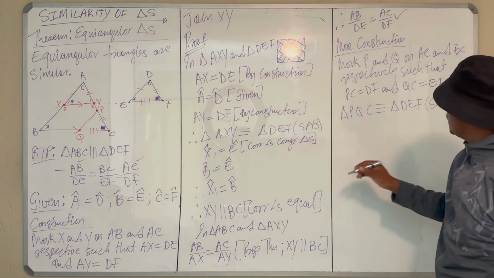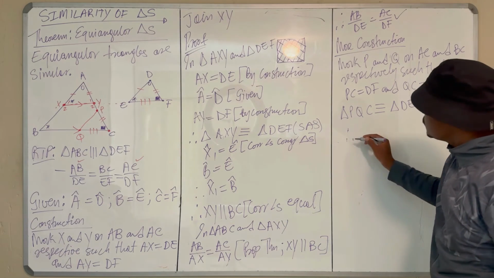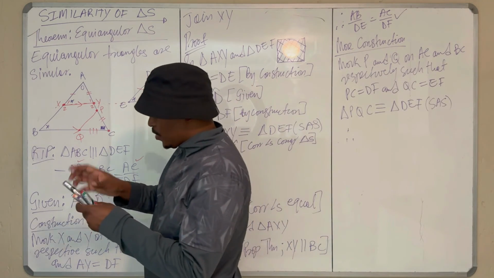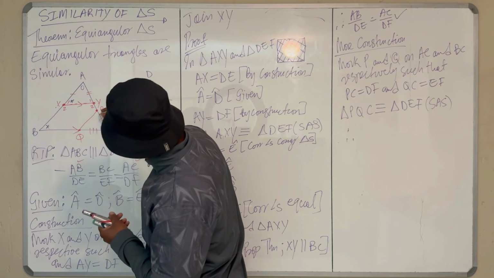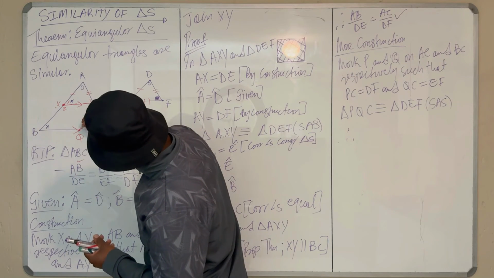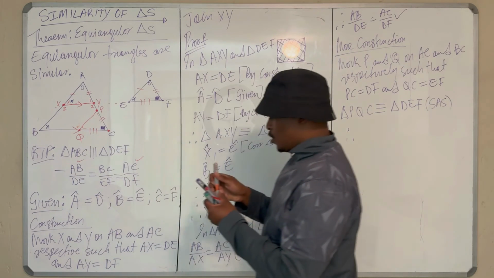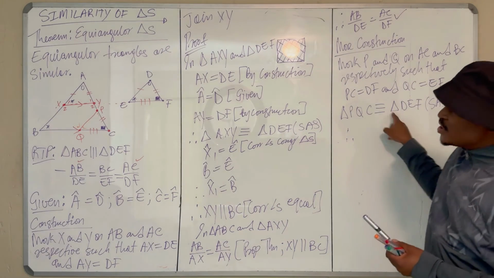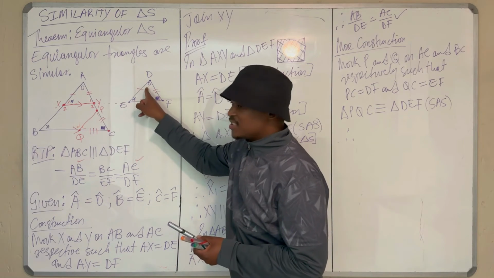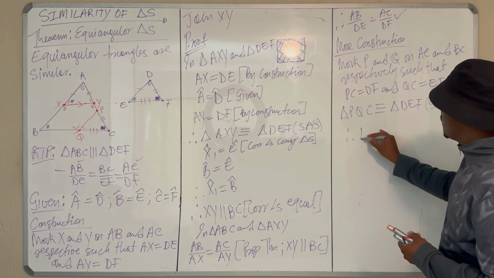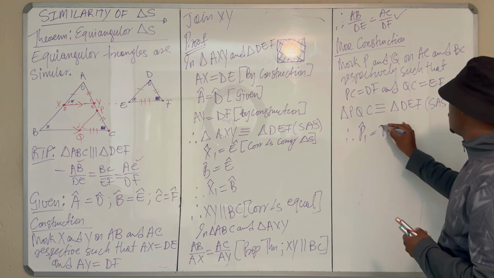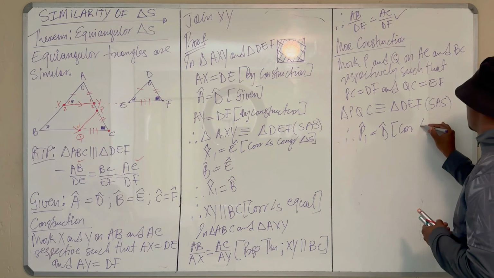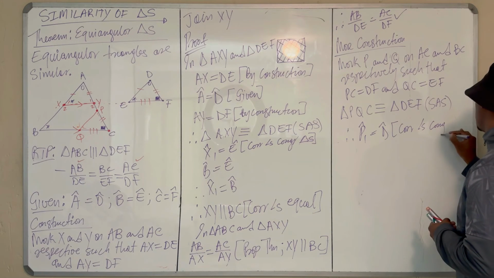You understand? Yes. Therefore, if you say this is maybe P1 and P2, Q1 and Q2, you'll see that your angle P corresponds to angle D. Yes. So say angle P1 is equal to angle D. These are corresponding angles of congruent triangles.